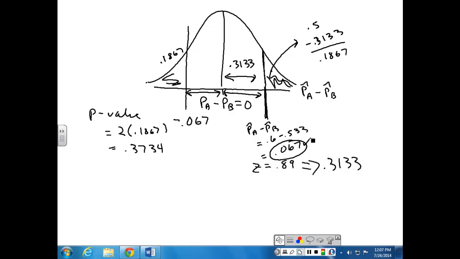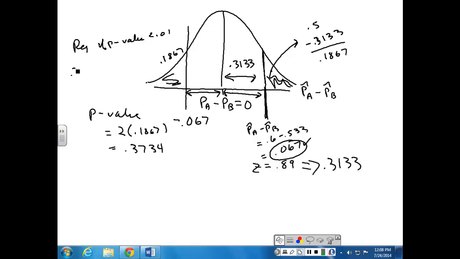So now we would say in our conditional statement, but let's do it first without the conditional. What was the alpha level on here? 0.01. So we said we would reject if the p-value is less than 0.01.